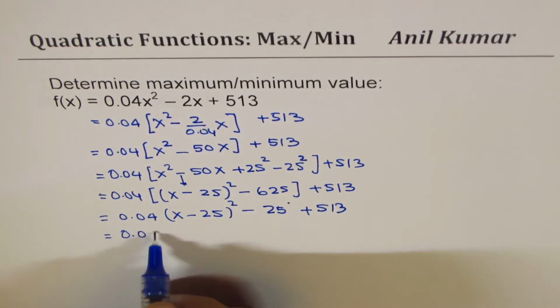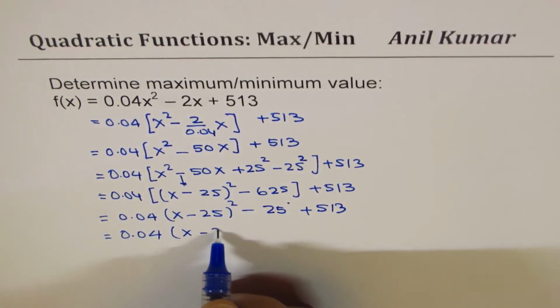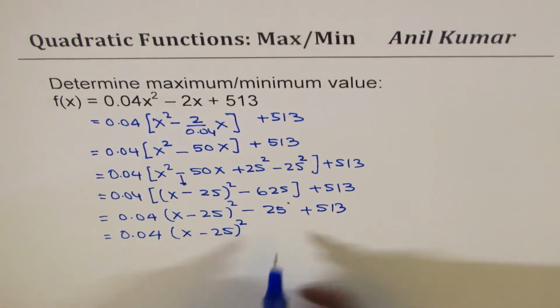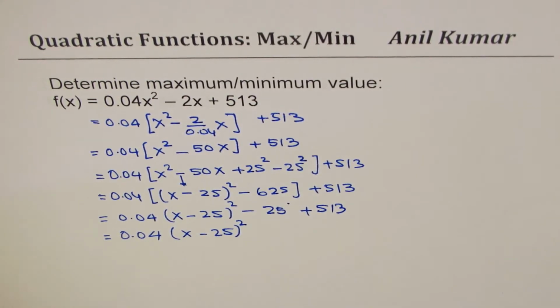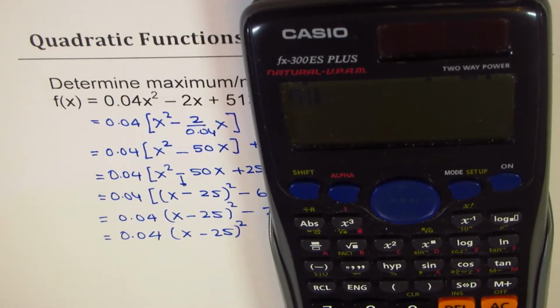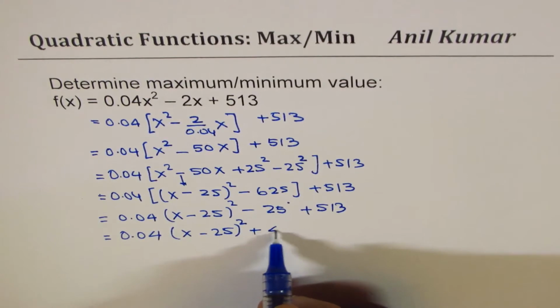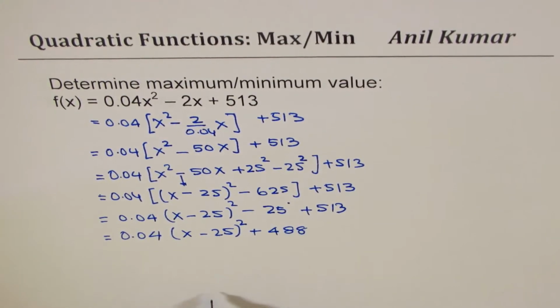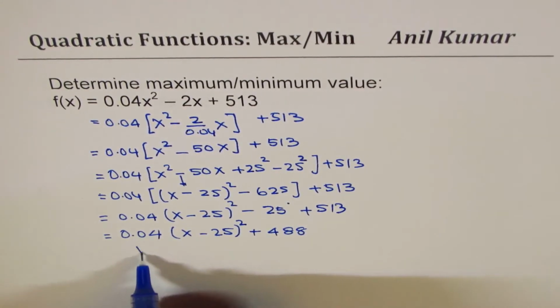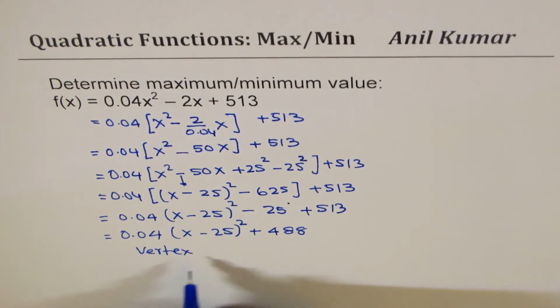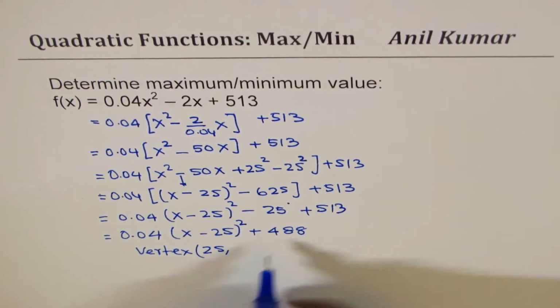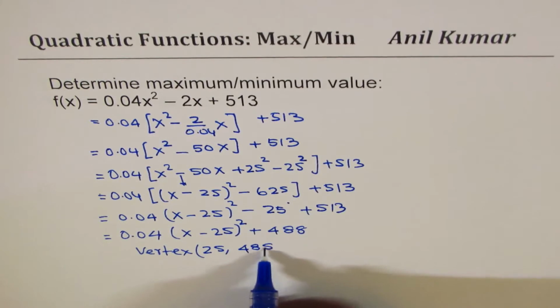We have to now combine these terms. We get 0.04 x minus 25 whole square, and let's do 513 minus 25. 513 minus 25 equals 488. So we get plus 488. So that gives you the vertex at 25 as the x value, y value is 488.